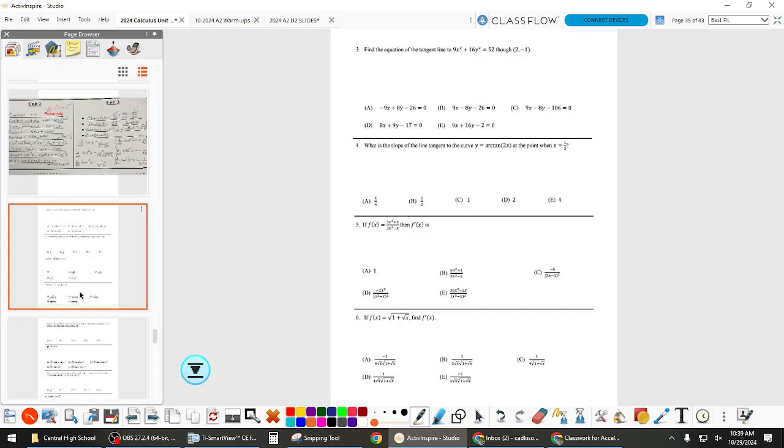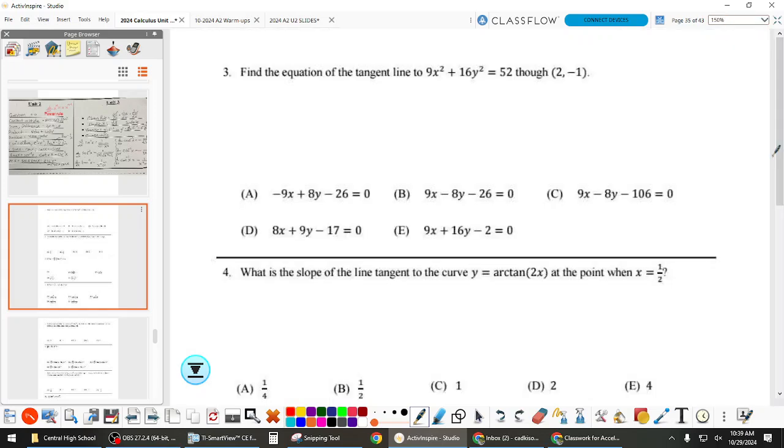So let's quickly talk through, not necessarily do each one, but talk through strategy as a quick review. Find the equation of the tangent line for that. Out of that big list that we had, what process are we for sure going to need on that? And implicit. Yeah. Power rule, good. And implicit, how do we know it's implicit?